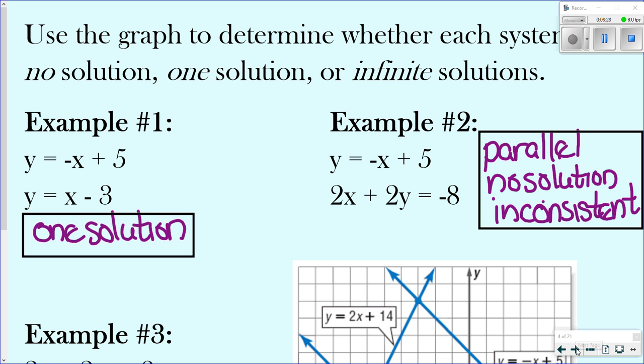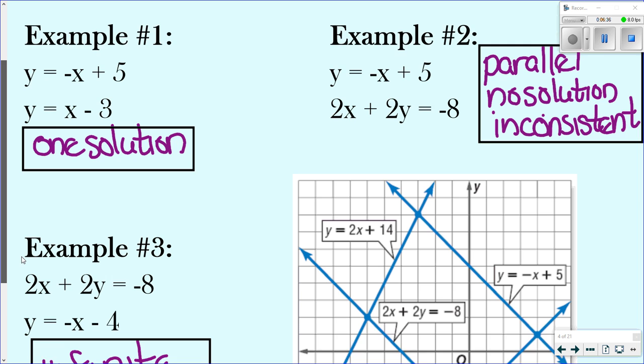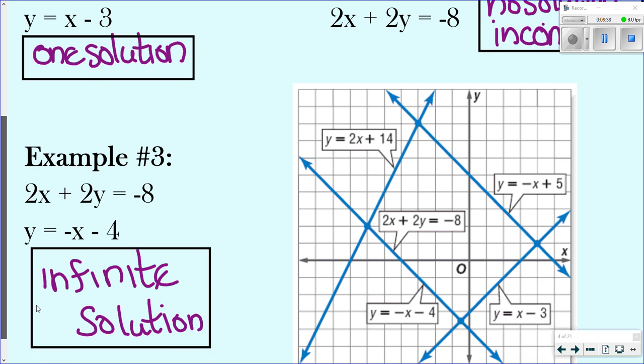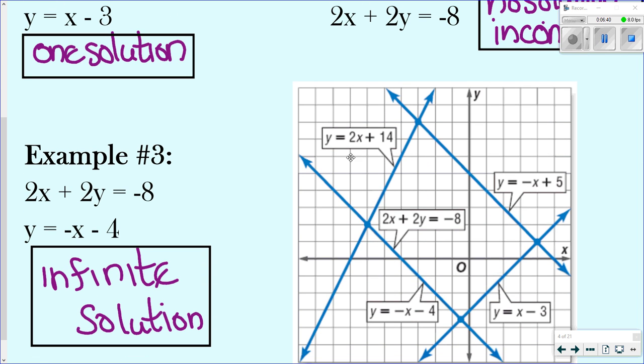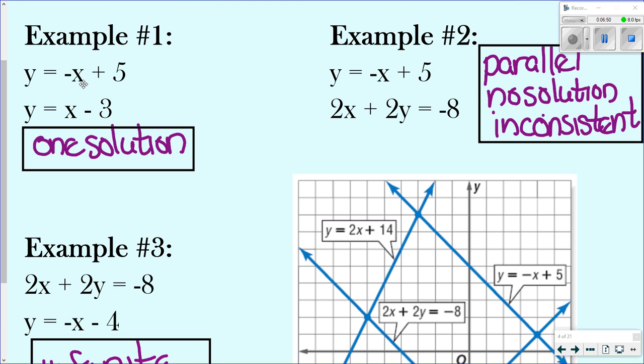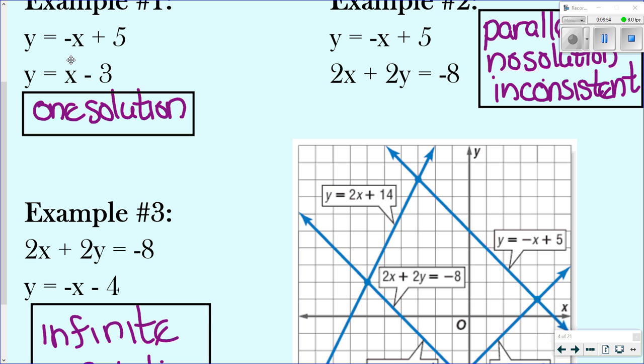All right. So we have different types of graphs at the bottom here, and it shows 4 graphs and 5 different equations. For the first one, if you look at the 2 equations, we have negative x plus 5, and then we have x minus 3.